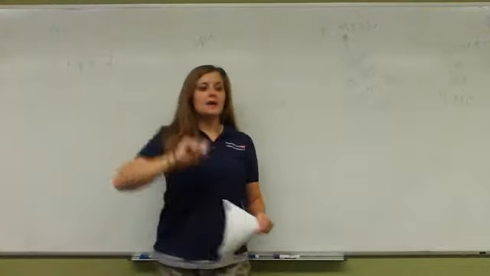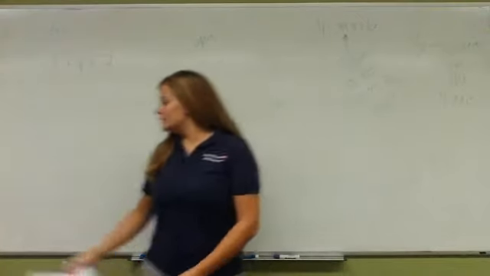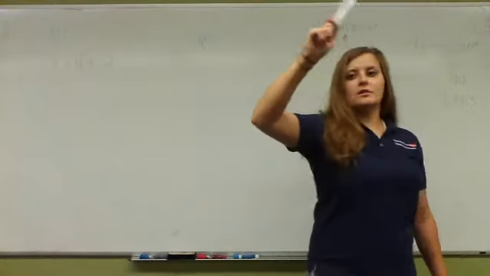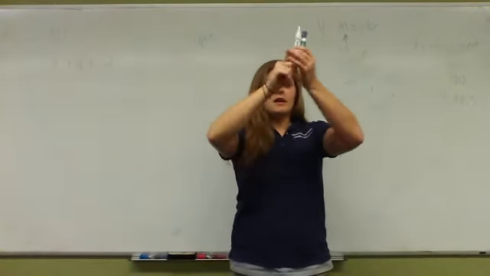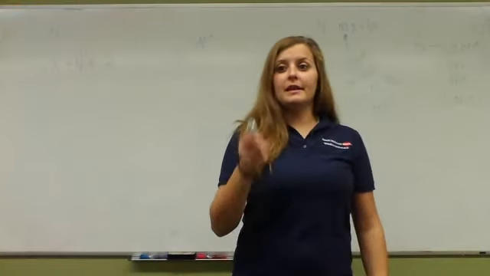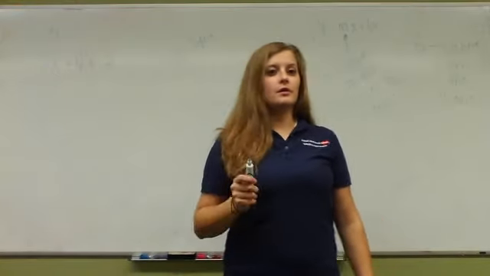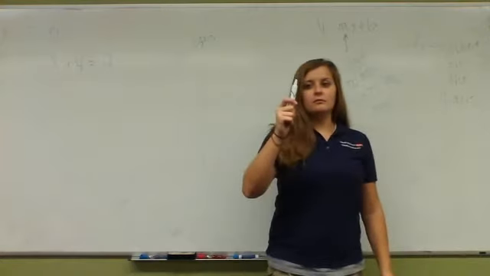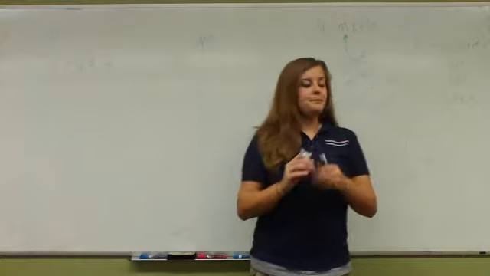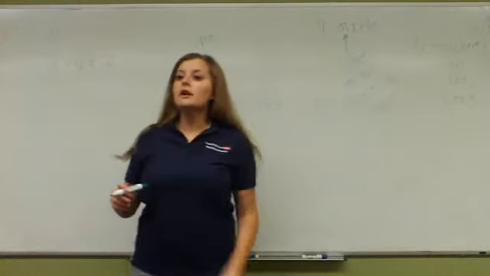That means 1x. Right? If I had 2x, this is 1x. This is 2x. X is representing something. X could be representing number of markers. So I've got 1 marker, 2 markers.